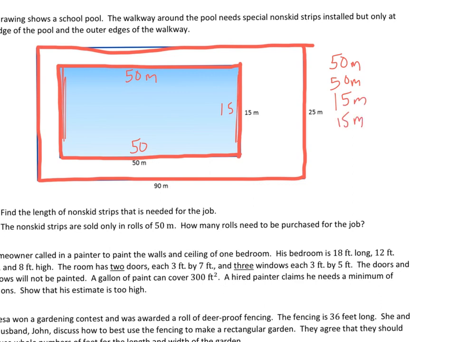And then I can look to the outsides. I have a 90 right here and a 90 up here. And then a 25 here and a 25 here.